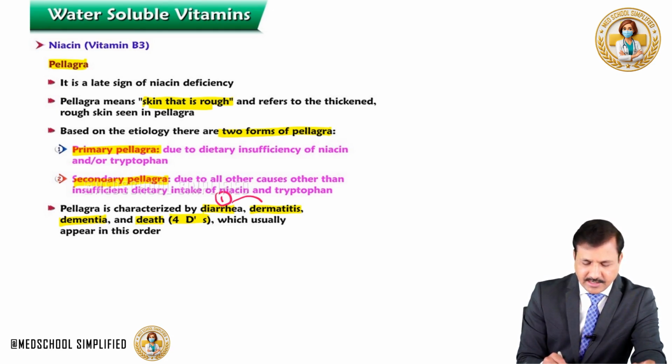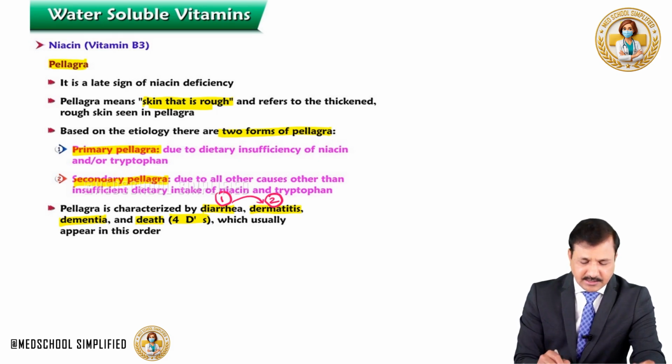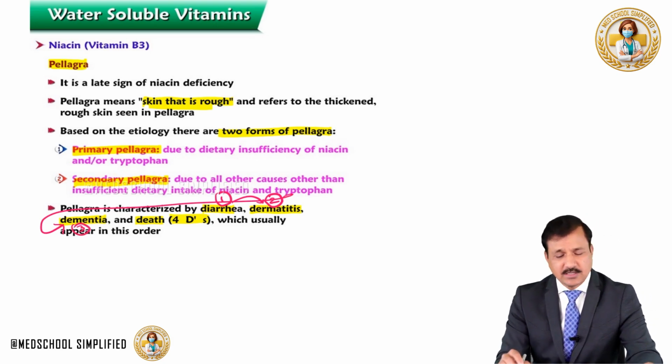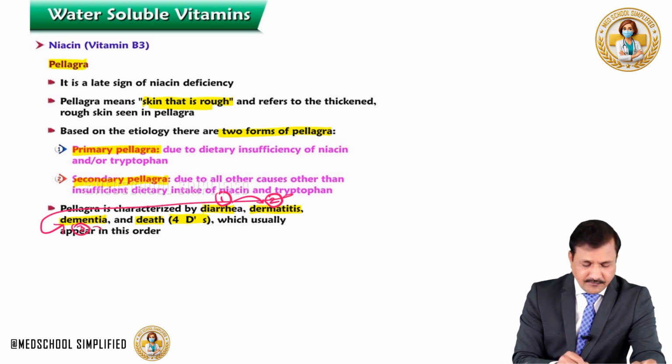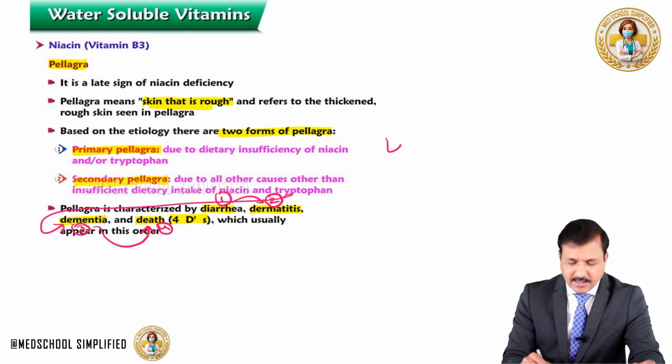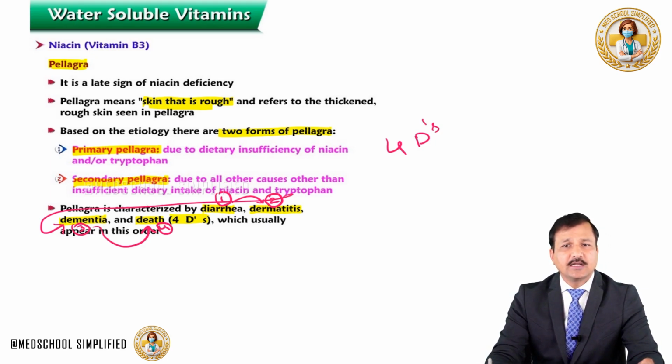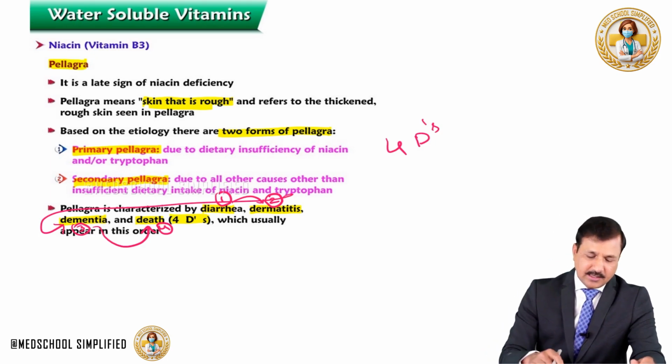Second, after diarrhea, the patient will suffer from dermatitis, basically diarrhea associated with dermatitis. And then third is dementia, that is the third sign that appears. And then if it is not treated in time, it may lead to death. So, basically there are 4 Ds here: diarrhea, dermatitis, dementia and death. Alright.